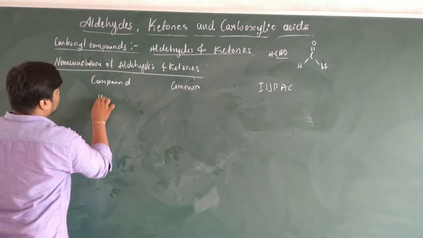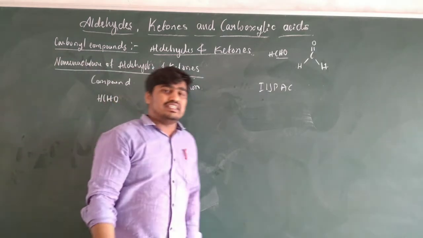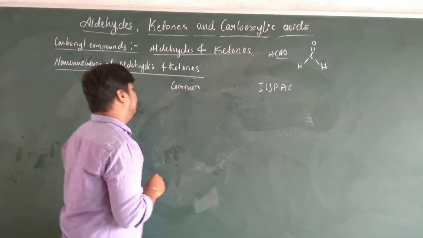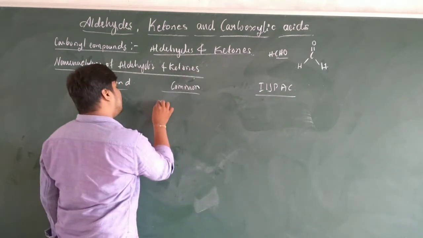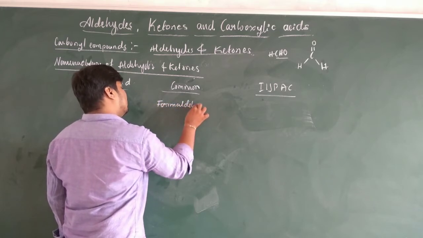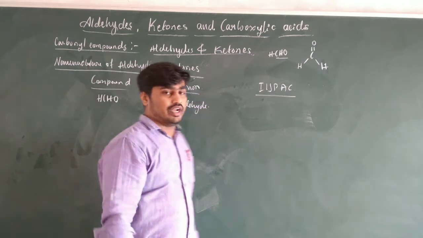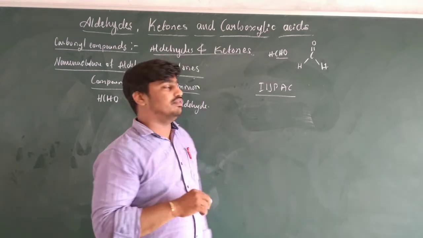The first member is HCHO. Now what is the common name? The common name of HCHO, the first member of aldehyde, is formaldehyde.